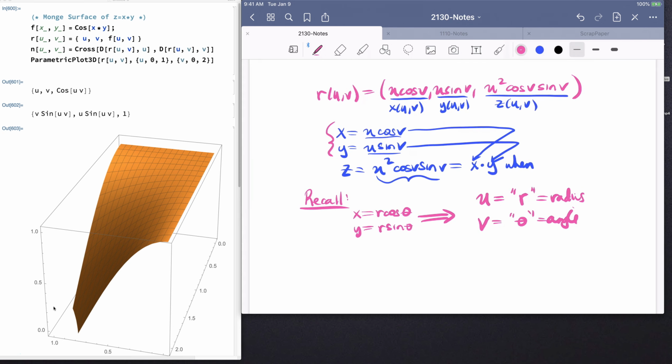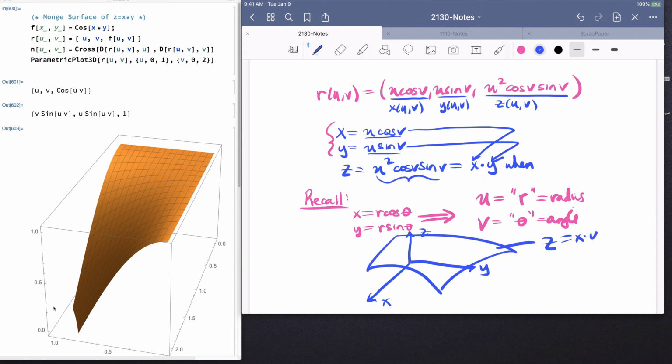Putting these ideas together, we can see that we have a surface z is equal to x multiplied by y, but we have x and y given in polar coordinates.